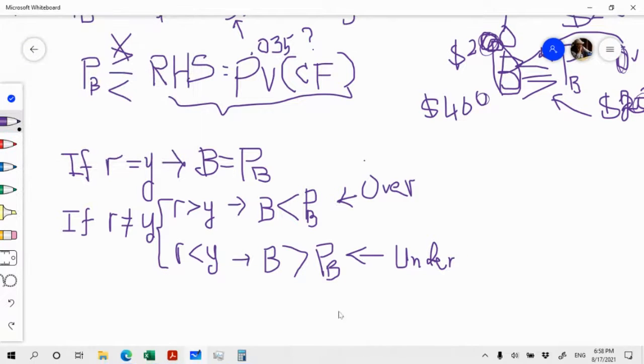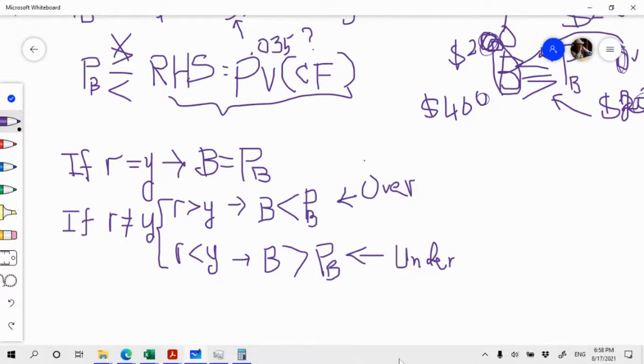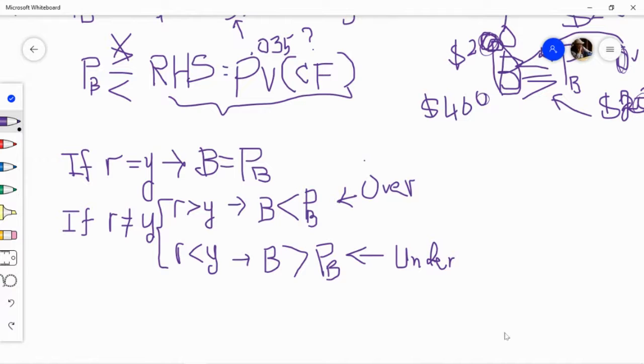Think about that incentive right there: you can buy this and sell it at intrinsic value, or even slightly less than intrinsic value, as long as there is room for it.